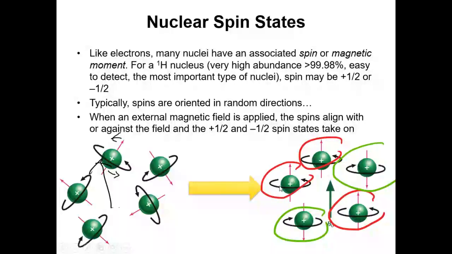A big magnetic field wants to align the small magnet in the same direction as itself. So that creates two states: a less stable state, the green one, and the more stable red ones.